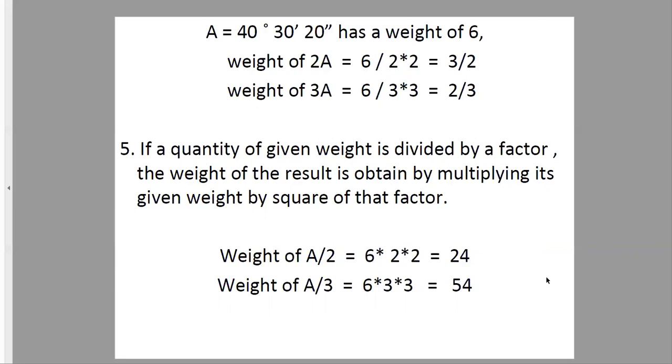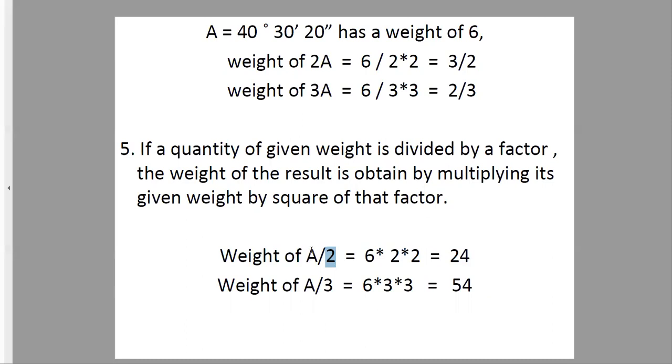So if a quantity is divided by a factor, the weight of the result is obtained by multiplying its given weight by the square of that factor. Quantities divided with some factor, then the weight can be obtained by multiplying the square of the number with which the quantity has been divided.